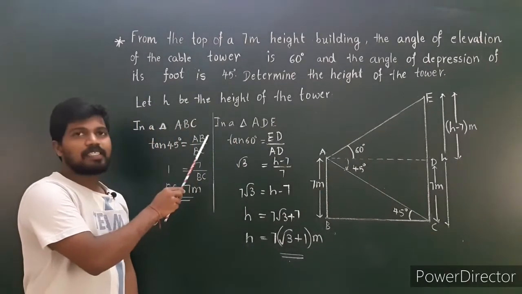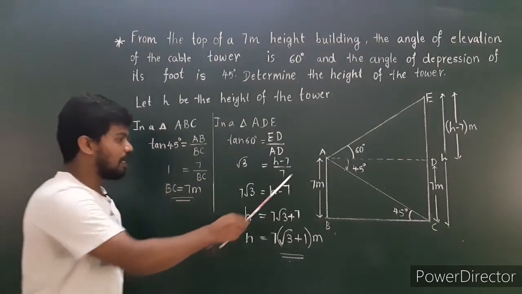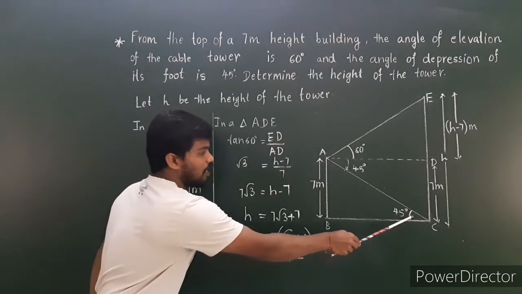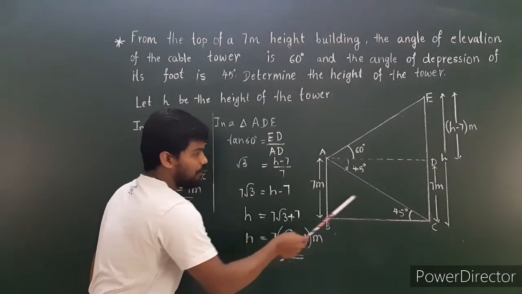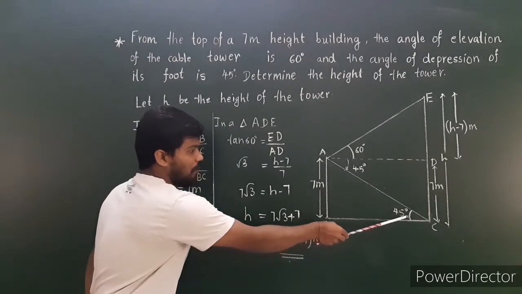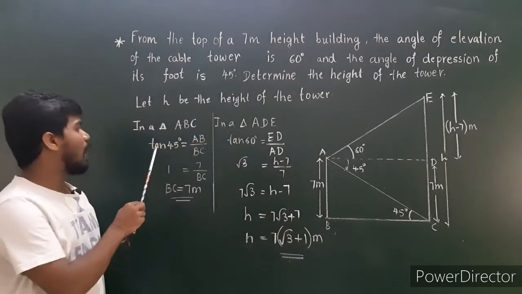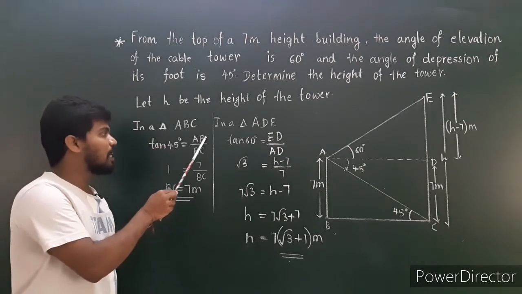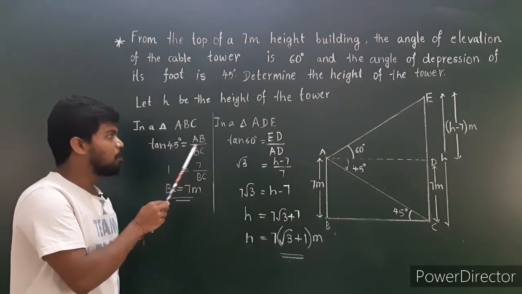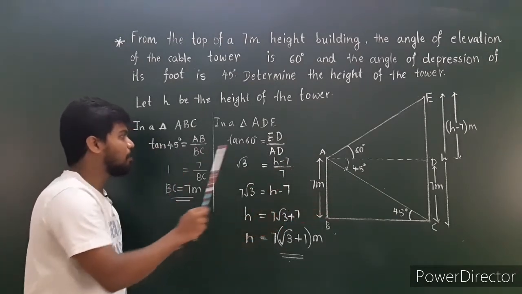Here in triangle ABC, you get 45 degrees. So tan 45 degrees, according to 45 degrees, this is the opposite side and this is the adjacent side. So tan 45 degrees is equal to opposite side by adjacent side. So what is the opposite side? AB, adjacent side BC.